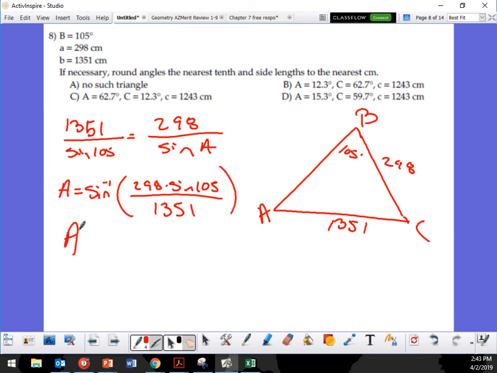So big A gives me undefined. So if it's undefined, that means no such triangle. There we go. No such triangle.